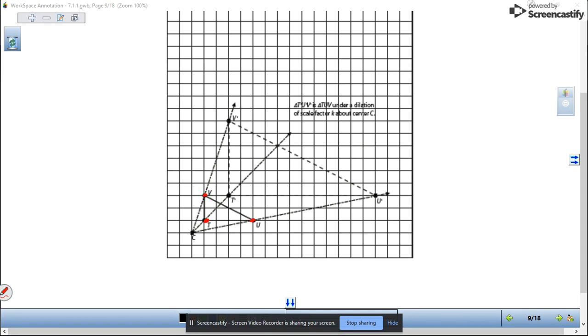Our scale factor is 3 here, so I need to triple what I'm doing. So I need to actually go up 3 and over 3. I triple both of those. And the same thing here. I'm at right 5, up 1, so you go over 15, and then up 3. That's the idea. So you have to do it at all points.